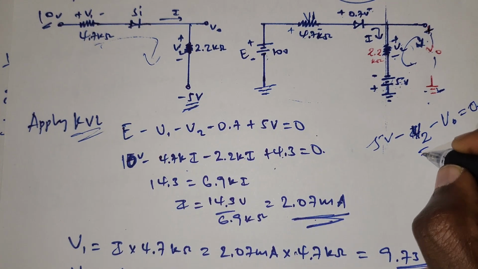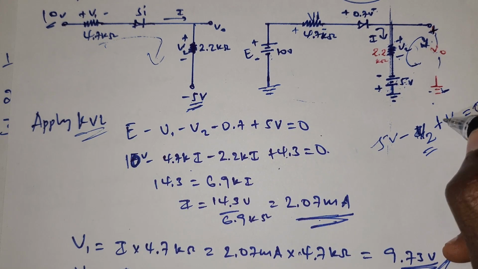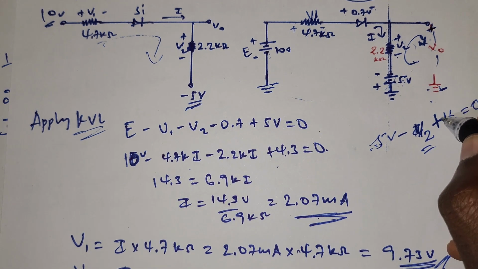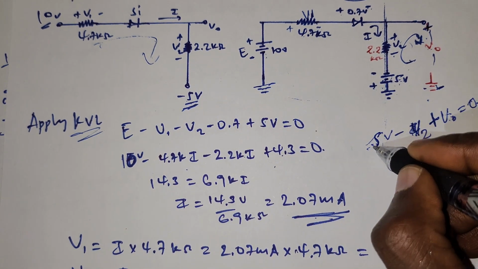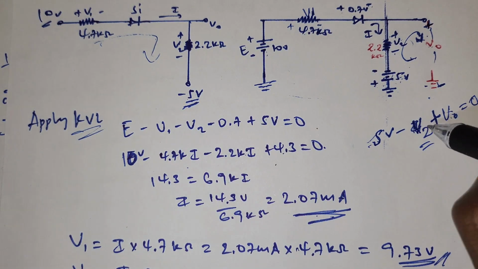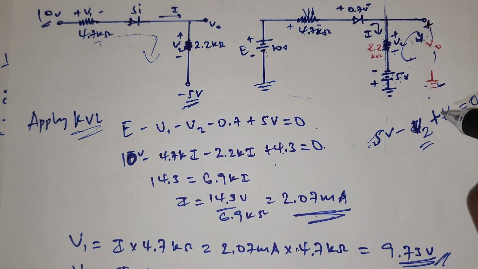We know V2 is plus because these two have the same polarity in accordance with the assumed current.